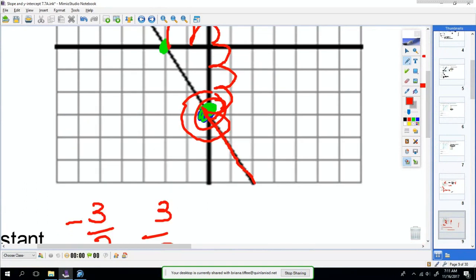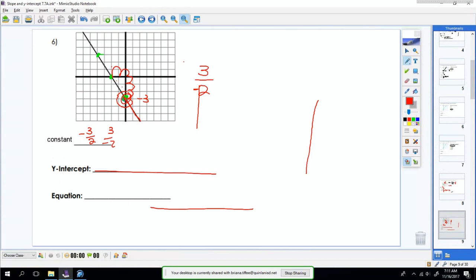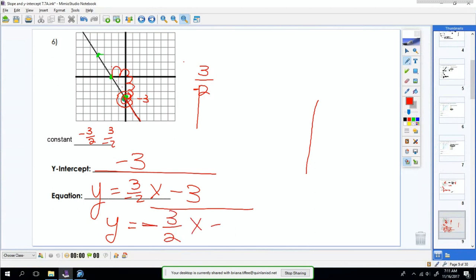So this right here is -3. Wrong way. So my y-intercept is -3. So my equation will be y is equal to 3 over -2 x minus 3. Or you can make the equation y is equal to a negative in front of the fraction, 3 over 2 x minus 3.